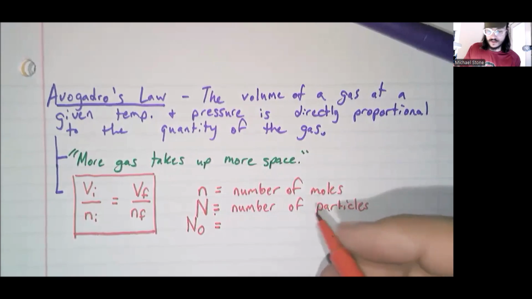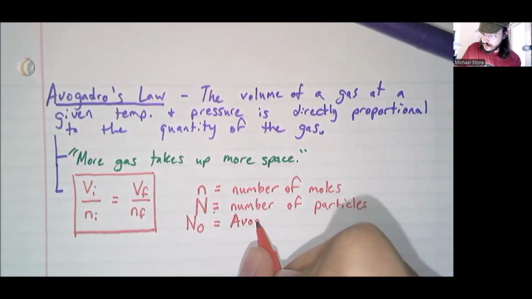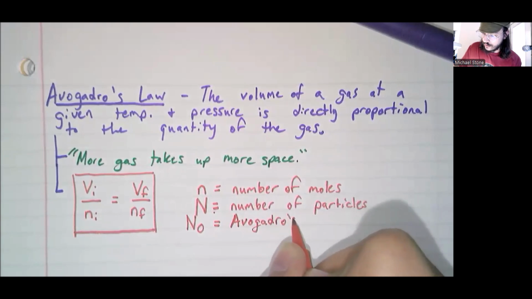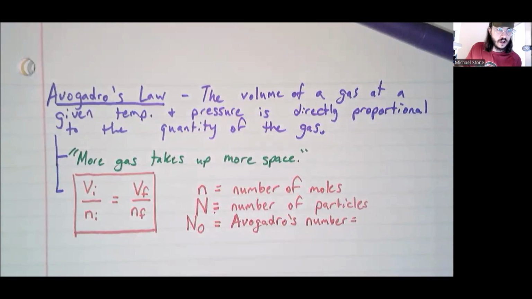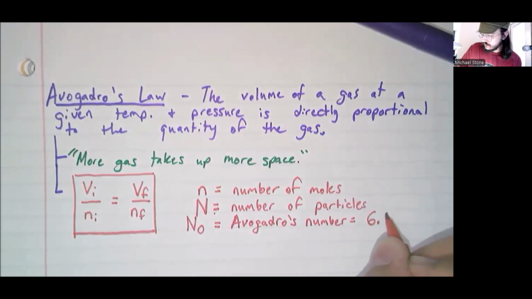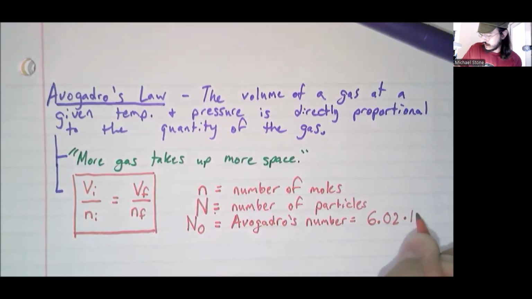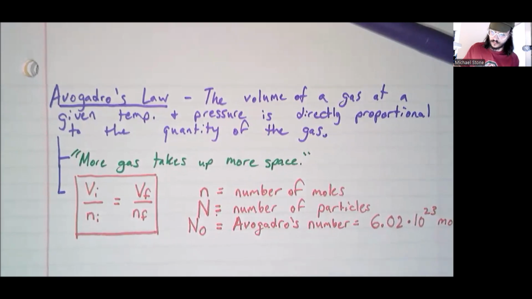I don't know how it's written on your formula sheet off the top of my head, but N naught is Avogadro's number, or Avogadro's constant, if you prefer, and that is 6.02 times 10 to the 23rd inverse moles.